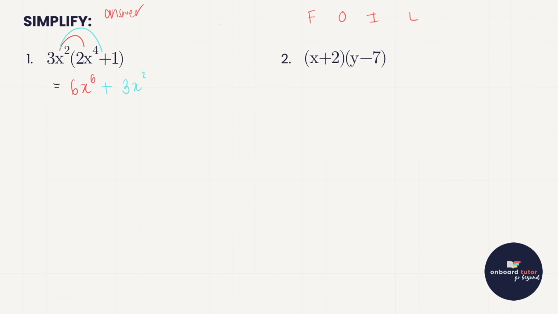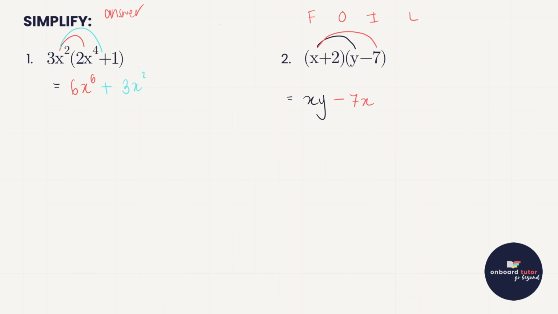So let's start and multiply the first terms. x multiplied by y is xy. The second thing we're asked to multiply is the outer terms. So that's x multiplied by minus 7. So positive x multiplied by negative 7, plus times minus is minus. 7 times x is 7x.